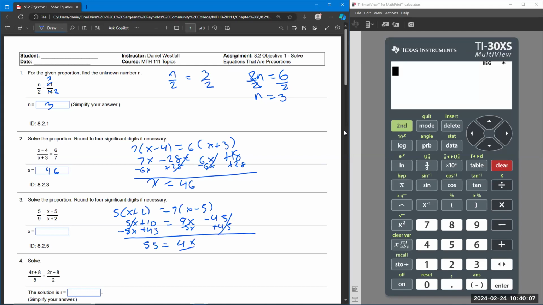And when we divide by 4, we're going to get a fractional answer here. That's okay to round that. They tell us to round to 4 digits as necessary, so that's why I got my calculator out here. So that's going to be 13.75.